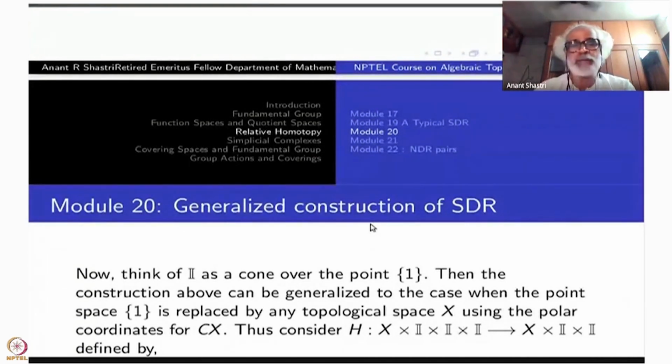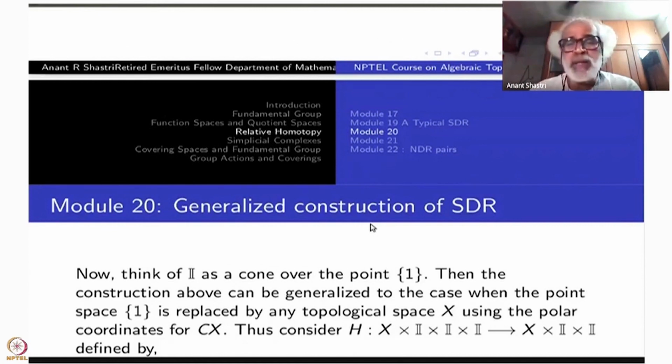So if x is the singleton 1, what is x cross I? It is the interval. There is no further identification because the endpoint is just singleton 1 only. So think of the interval as a cone over 1.